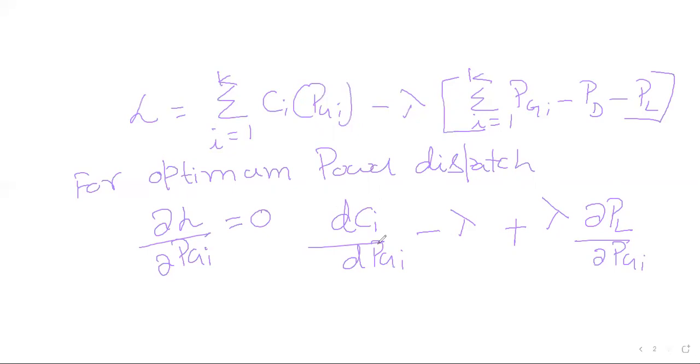So this is the first partial derivative of the Lagrangian with respect to Pgi and it should be equal to 0.